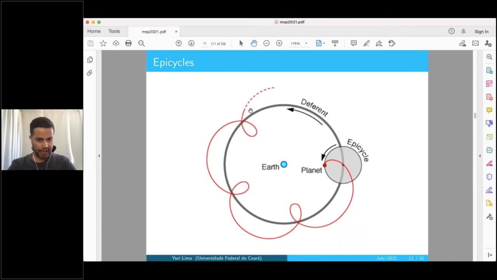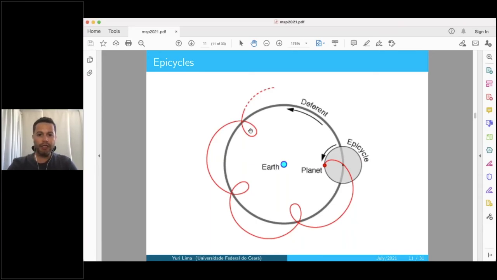So most of the time you see a movement in the counterclockwise direction, but from time to time, and I think that this depends on the ratio of the radii and the speed of the movement, you see these retrograde movements. So he said, okay, this seems like a good idea for me to give as a model for the universe.